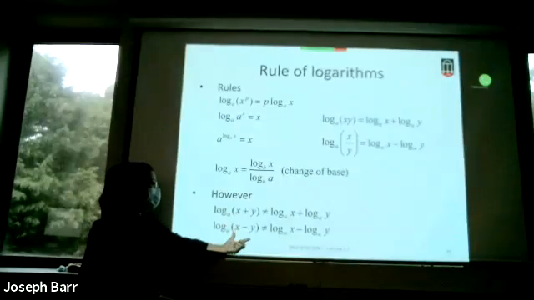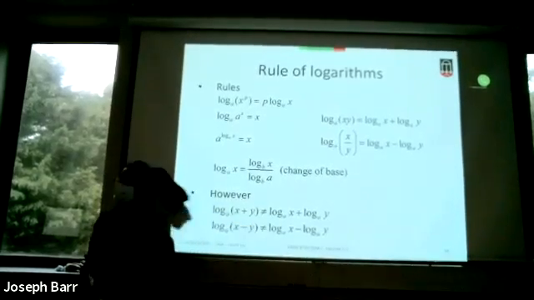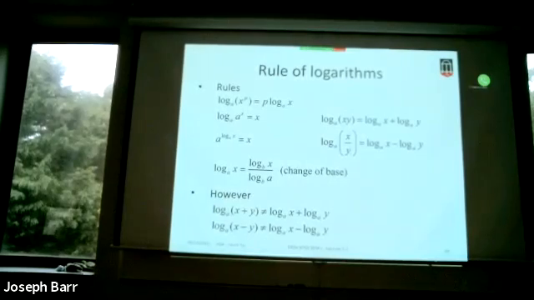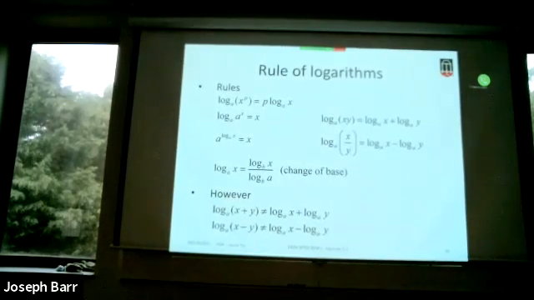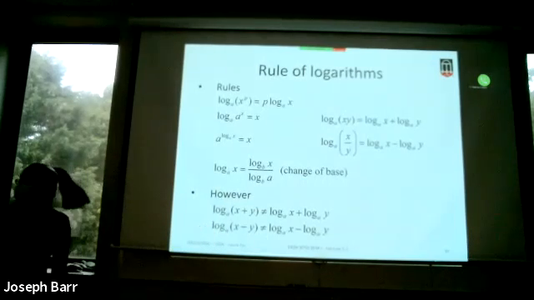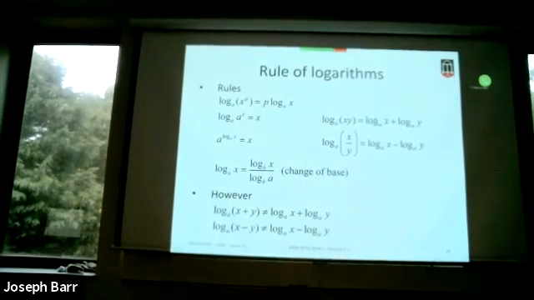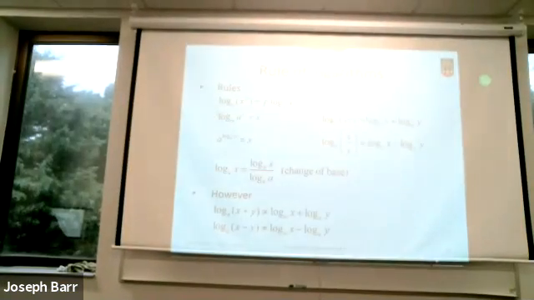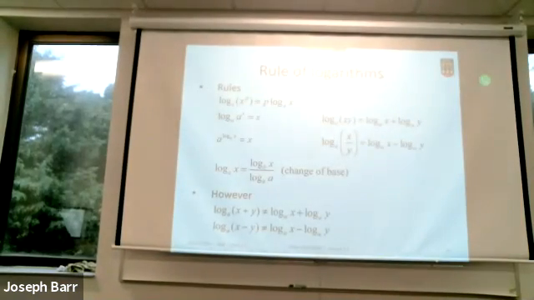This is a sum. This is the difference. You cannot use a log to do the decomposition. So please take care of these two wrong formulas. They cannot be applied to logarithms.